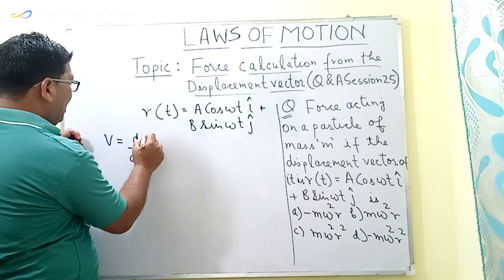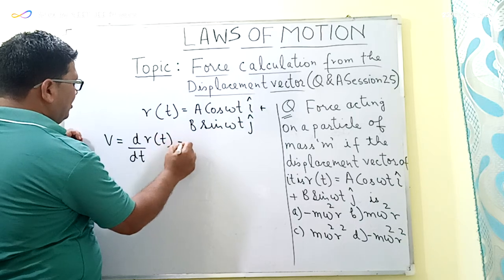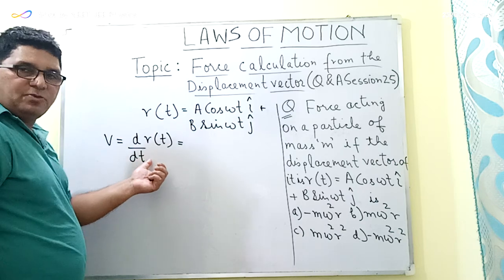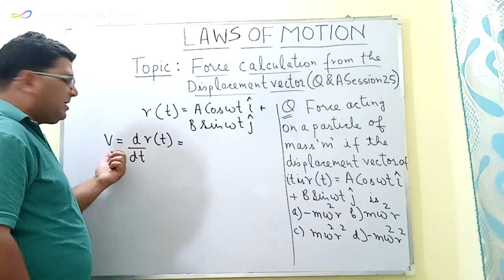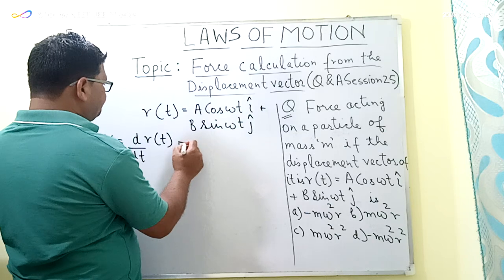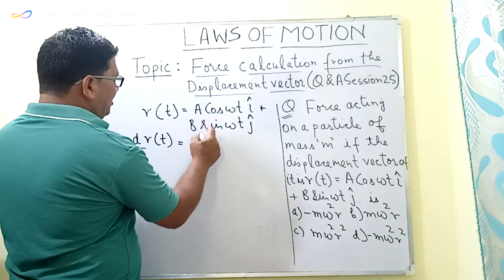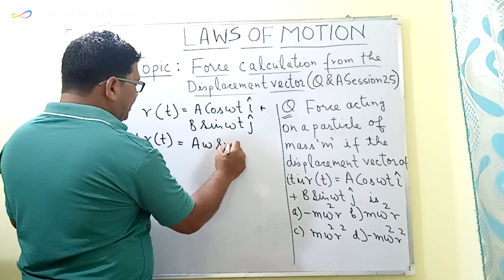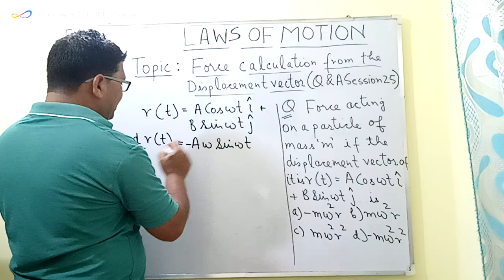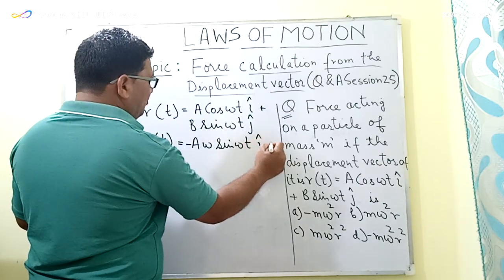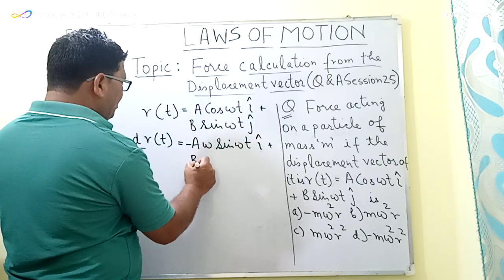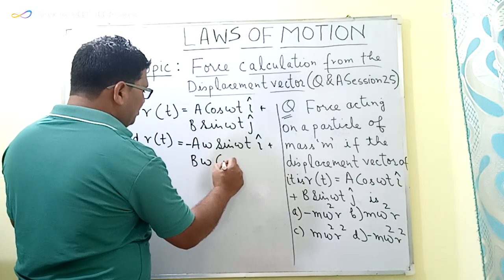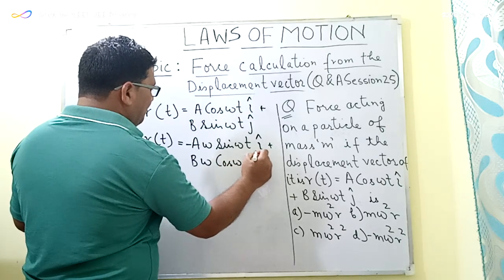By differentiating r with respect to t, the differentiation of cos omega t is minus omega sin omega t, so this will be minus a omega sin omega t i cap, plus the differentiation of sin omega t is omega cos omega t, so I will get b omega cos omega t j cap.